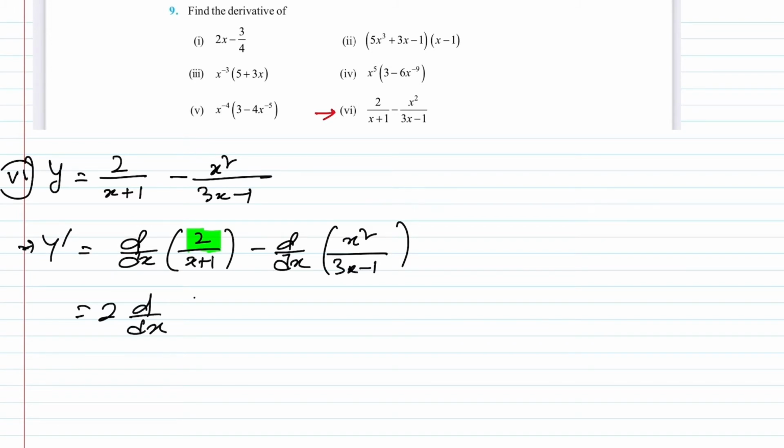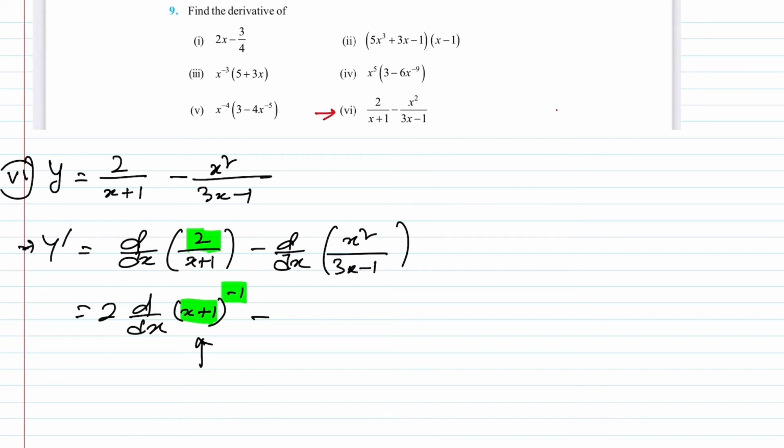Here you see, this 2 is the constant, and the derivative of 1 by (x plus 1) can be written as (x plus 1) whole to the power minus 1. Now let me explain this one. Here in this case, first you need to consider this whole thing as x, so x to the power minus 1.